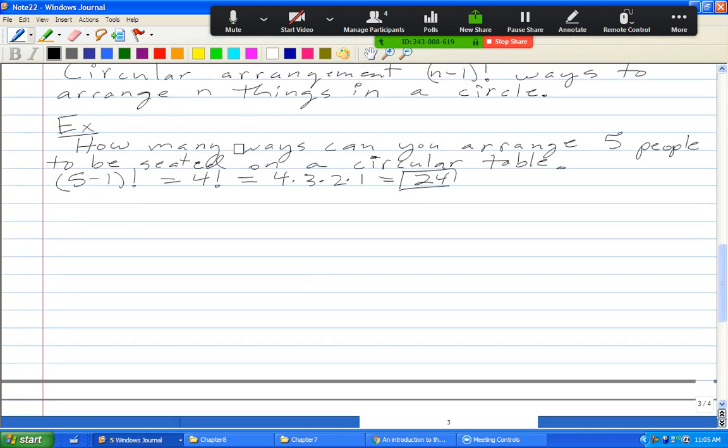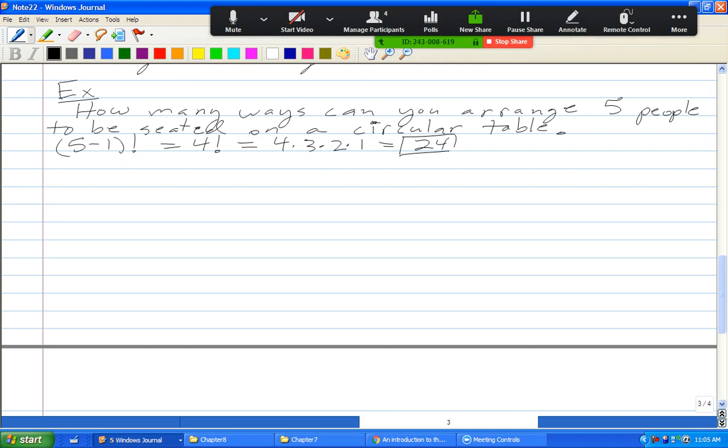So combination, let's say of k objects out of n possible objects.